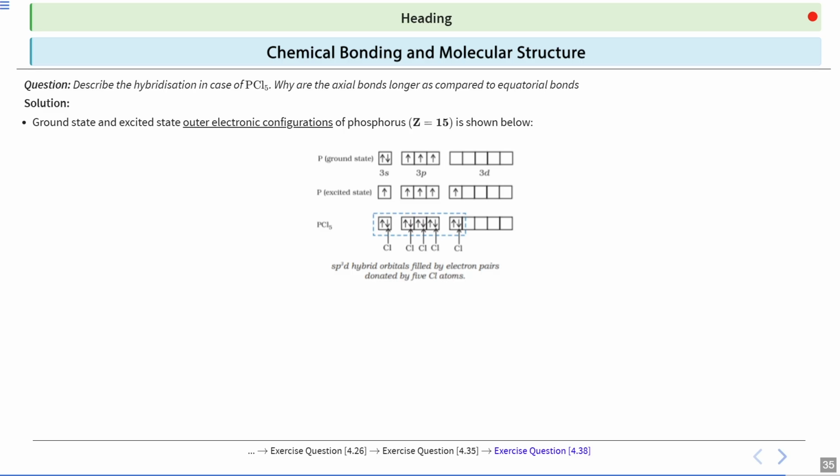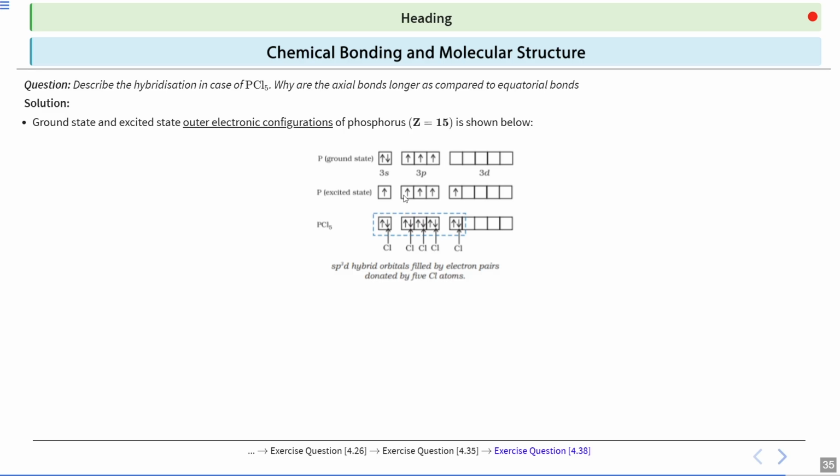Remember students, excitation is not the only criterion. You cannot excite it in every case. So remember that the excitation of an electron is not a necessary condition for hybridization, but we do it for most cases, though not for every molecule.